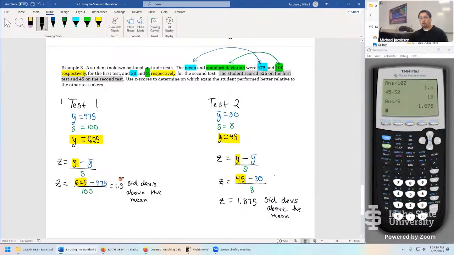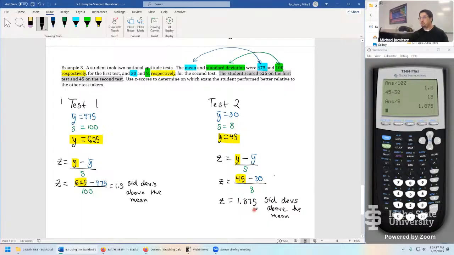This one was more the middle of the road. So once we see the z-scores, which one would you say the student did the best on? Was it test 1 or test 2? Yeah, definitely test 2. Good call, folks. Test 2 is the one with the higher z-score. It's the one that is the most unusual.